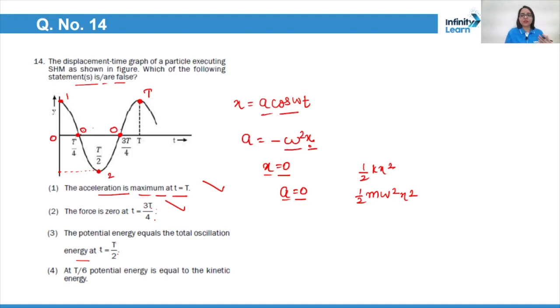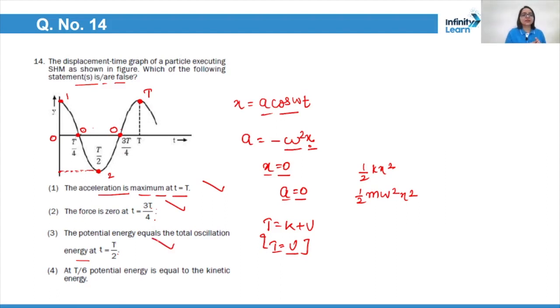So when the value of x is maximum, potential energy is maximum and kinetic energy is 0. So at t equals T by 2, you can see that the particle is at extreme, so its kinetic energy is 0. So total energy, which is kinetic plus potential, kinetic is 0. So total energy will be just potential only. Right. So yes, this statement is also true.